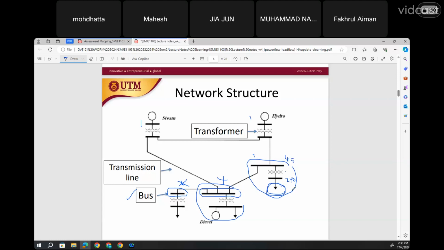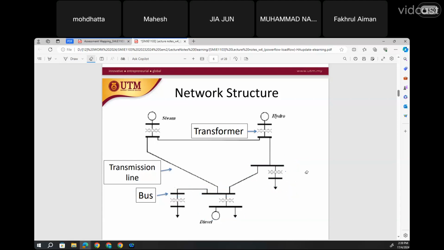So this is what you will have in your power system network. The network structure normally looks like this, and this is considered a simple one. In practice, what you will find managed by our utility is more complex than this.